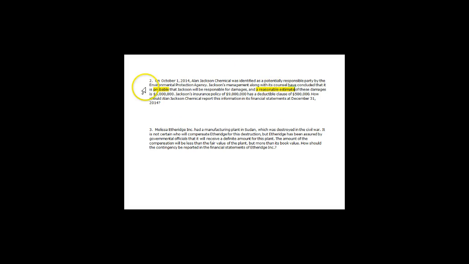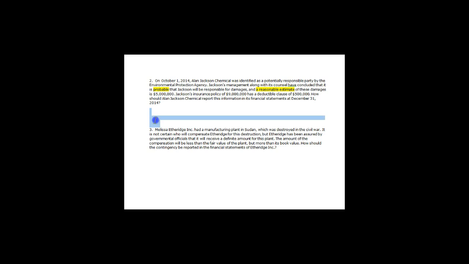So we've got both criteria met. And they are estimating $5 million. Jackson's insurance policy of $9 million has a deductible clause of $500,000. So how should Jackson report this information on its financial statements?